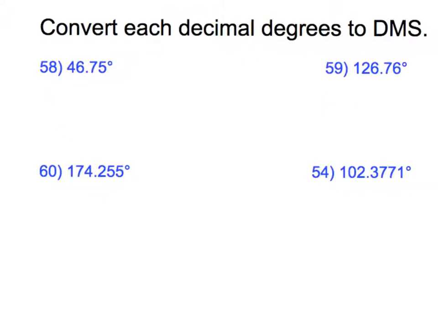All right, so now we're converting from decimal degree to DMS. Here is the degree, and you can see all of them have decimals, but we need to convert them back to minutes and seconds if they have them. First, take the part that's before the decimal. The 46 is our whole number, so we drag that down because that is our degree value.